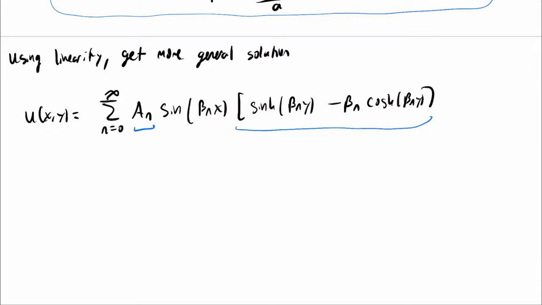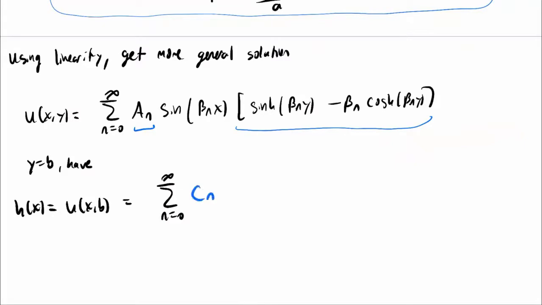Let's proceed with this idea. Remember from the boundary condition, if we set y equals b, we have h of x has to equal u of x comma b. Remember, this is the boundary condition at the top of the rectangle. And so this is equal to the sum from n equals 0 to infinity. Let me combine the two terms that are underlined in blue. Let me just write c_n for those.